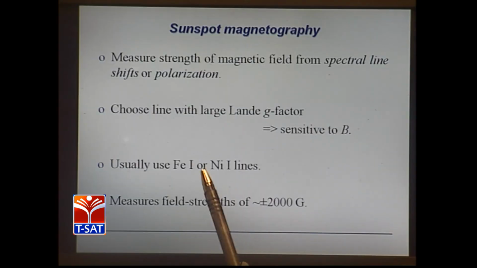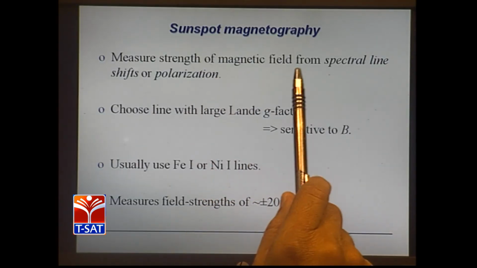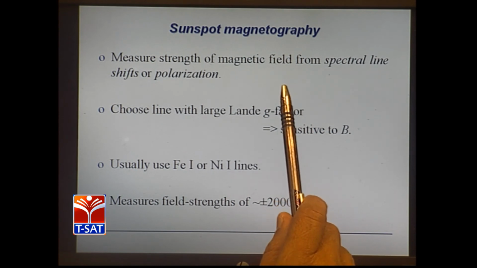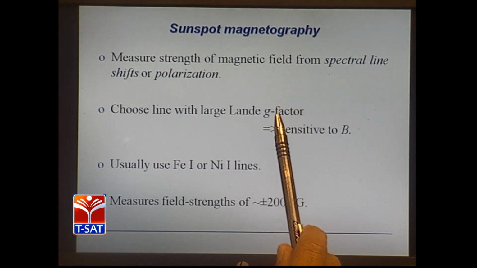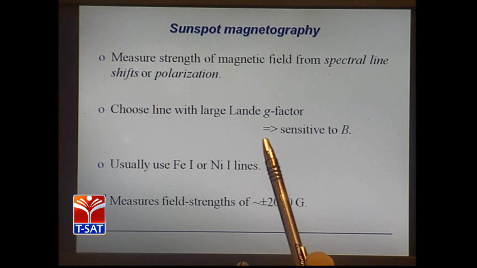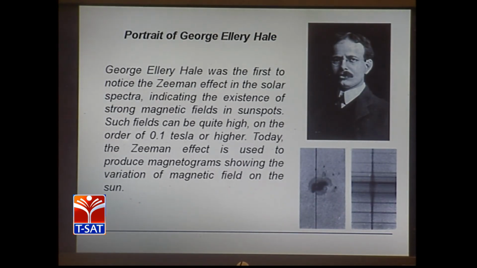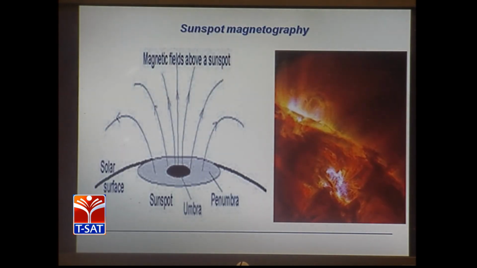There are several applications of the Zeeman effect. The Zeeman effect is essentially that of the magnetic field. Wherever we have a magnetic field, we can use the Zeeman effect. You can see on the monitor the sunspot magnetography. On the sun, there are highly charged particles vigorously rotating, and when they are rotating, you will find them like this in the sun's photograph, and there will be very high magnetic fields.